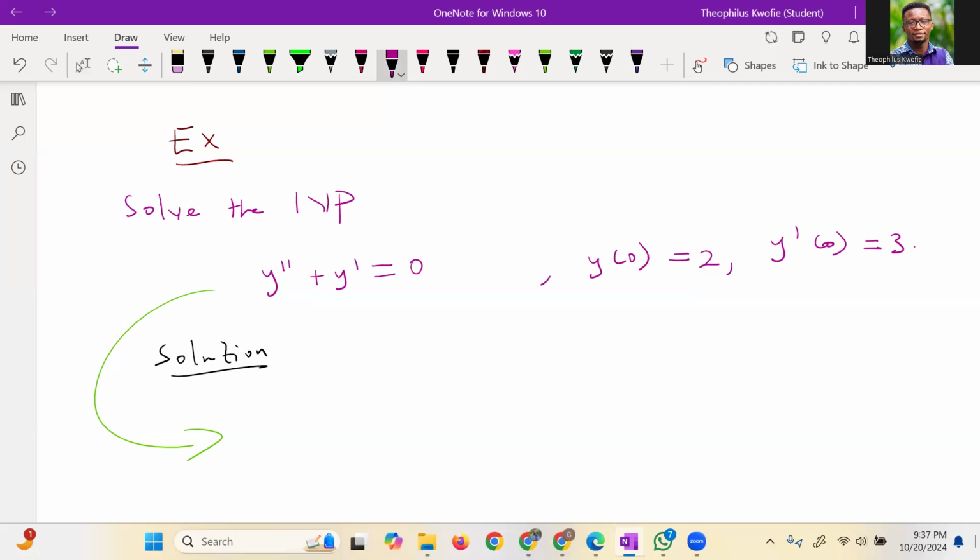We said that you replace y prime prime with r squared, and y prime with what? With r. Okay, very good. So that is what we said.